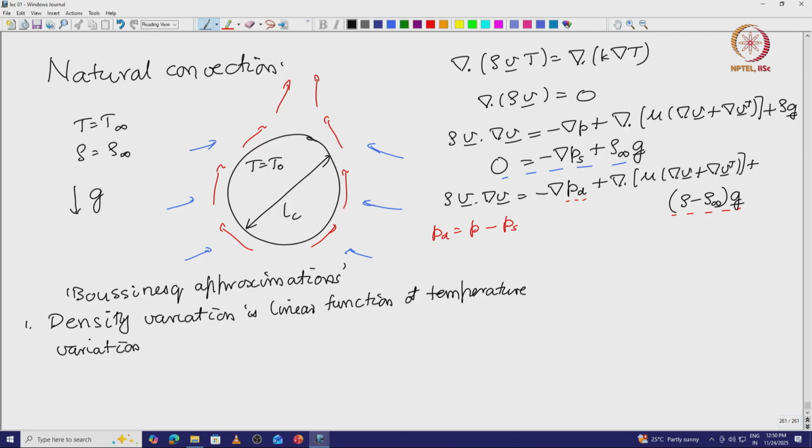Therefore, I can write rho minus rho infinity is equal to rho infinity beta into T minus T infinity, where beta is called the thermal expansion coefficient. It can be calculated for different gases.